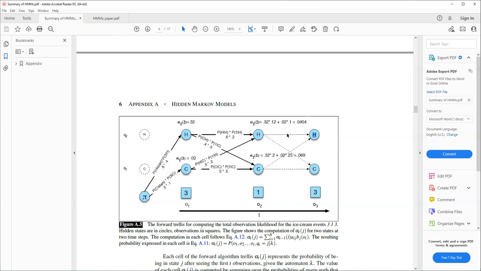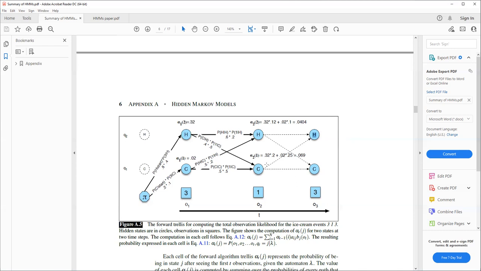So alpha 3 2 is going to be 0.0404 multiplied by the probability of hot given hot multiplied by the probability of observing 3 in hot. So that's the first part. Add to it the second part: the probability of going from cold to hot, right? So the probability of H given C multiplied by alpha 2 1, which is 0.069, multiplied by observing 3 in hot again.